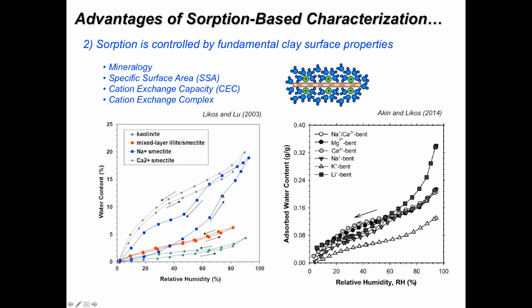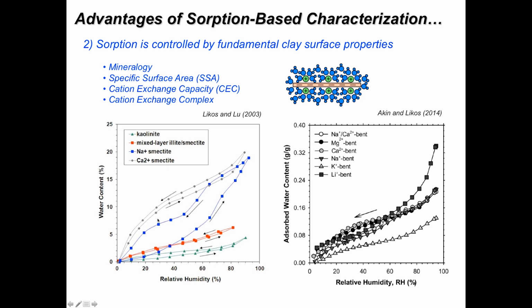A great deal more for the sodium smectite here. That's also related to the swelling, the fact that the sodium smectite swells as it absorbs and subsequently desorbs water, and water is released from the inner layer space. Okay, so mineralogy clearly linked to sorption behavior. What type of clay mineral do we have?